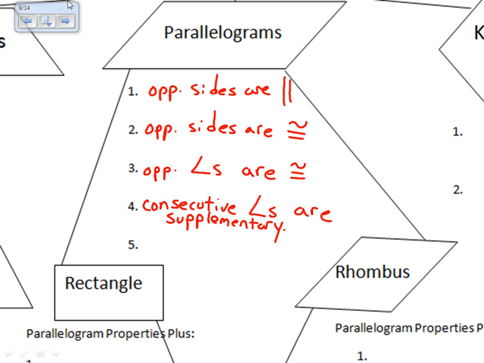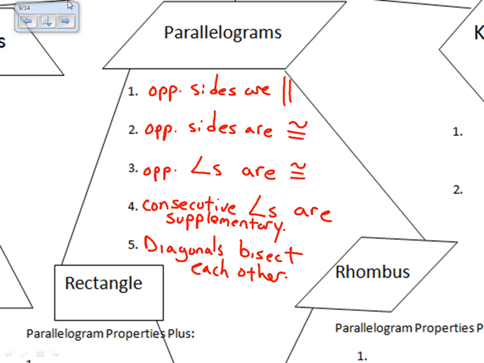Very good. And what's my last property, Jasmine? Diagonals bisect each other. Okay, diagonals bisect each other. So we've talked about those properties already.